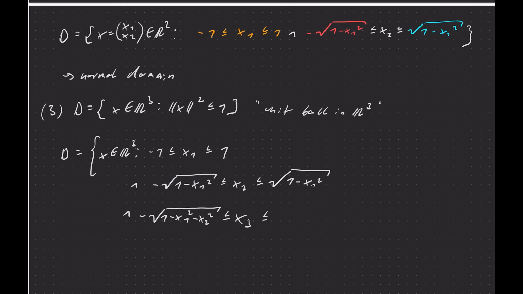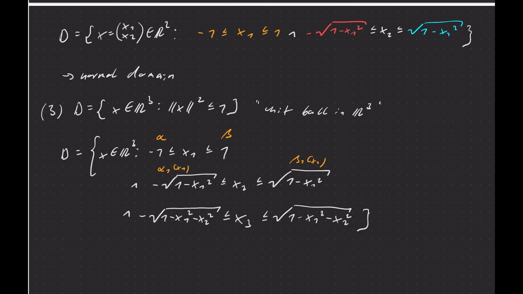And an upper bound is the square root of 1 minus x1 squared minus x2 squared. So again, what you have here is a gradual buildup, right? So this is alpha beta, just reals. Here we have a function alpha 1 depending on x1 and beta 1 depending on x1.